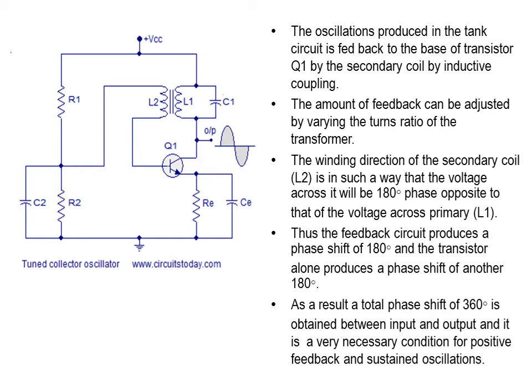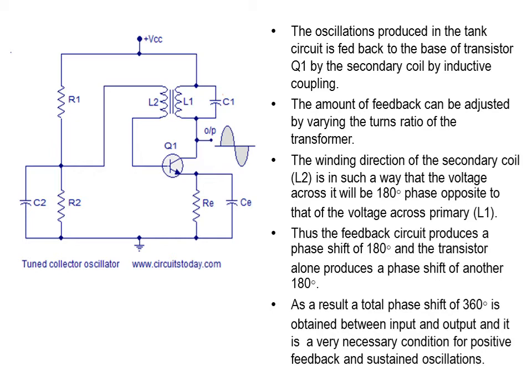Now the last point that you have to explain is how we ensure that there is a 360-degree phase difference between the output and input. For that you will have to remember that in a common emitter configuration, because of the presence of the transistor, the output and input already have a 180-degree phase difference.